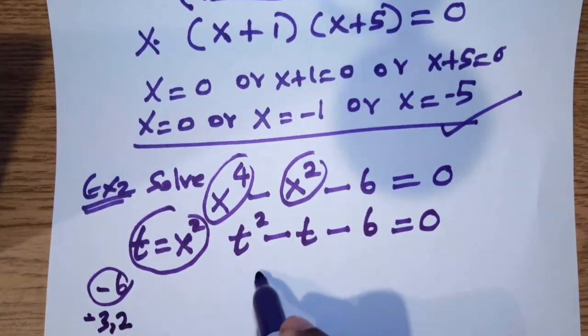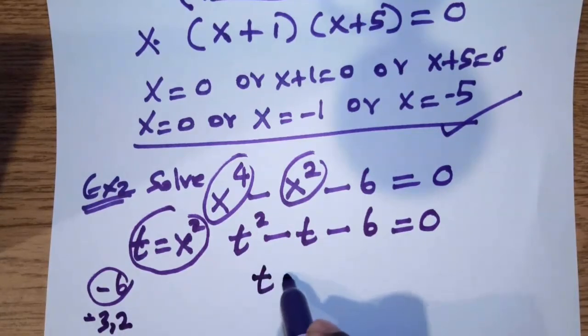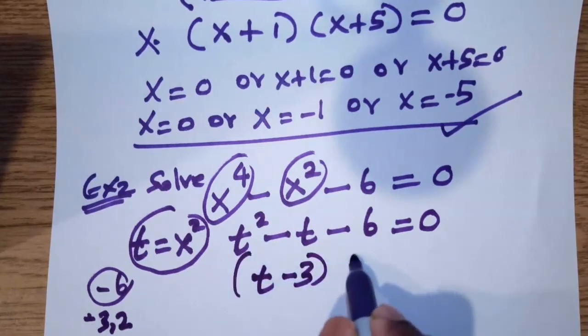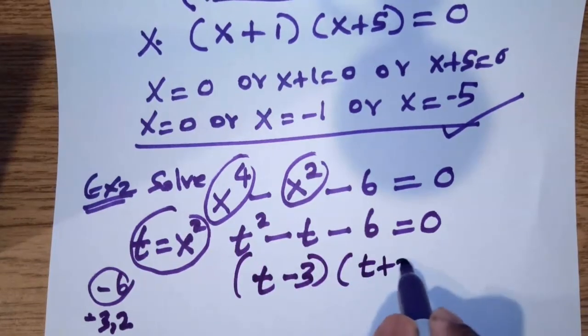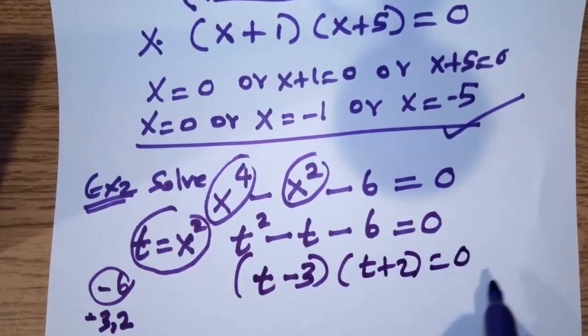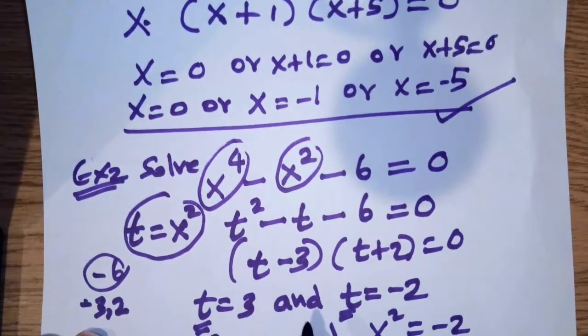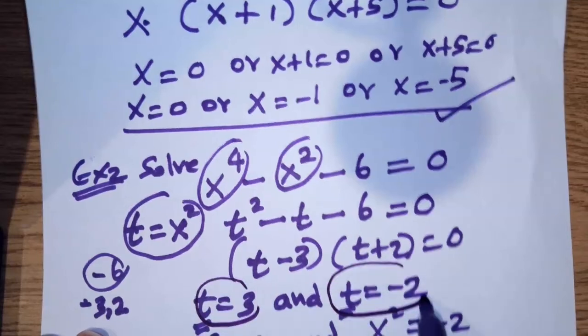So you get t minus 3 and t plus 2 equals 0. So you get t equals 3 and t equals -2.